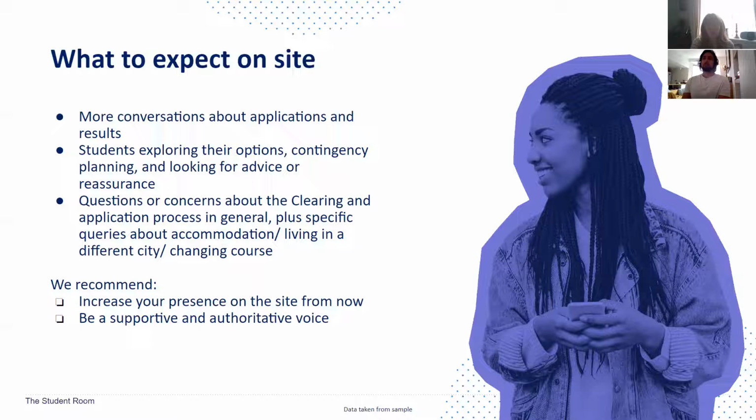Again, with specific queries about accommodation, living in different cities, changing courses, making friends, all of the usual typical questions that come through around the results period and clearing period as well. And we're expecting an increase in these conversations as students are looking at all the different options available to them over summer to get prepared for clearing and results day coming up in August.